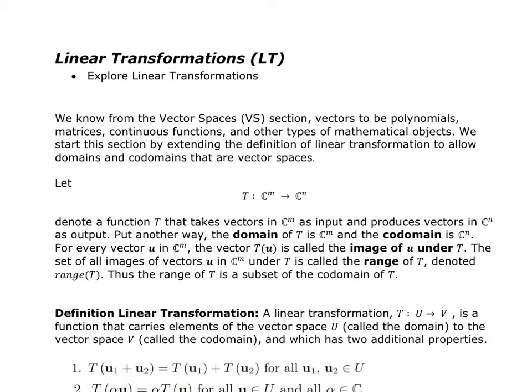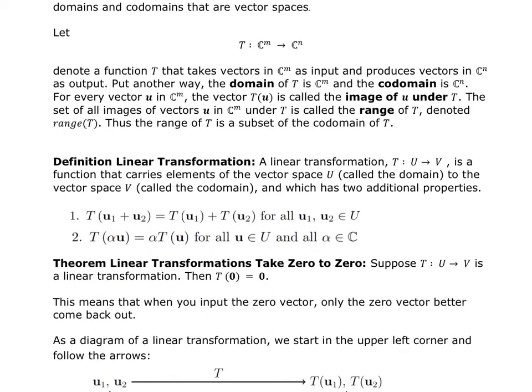So let's see what we mean by a linear transformation. A linear transformation, where we say T is a linear transformation of u into v, is a function that maps the elements of the vector space u, the domain, to the vector space v, called the codomain, and it has to have these two properties.